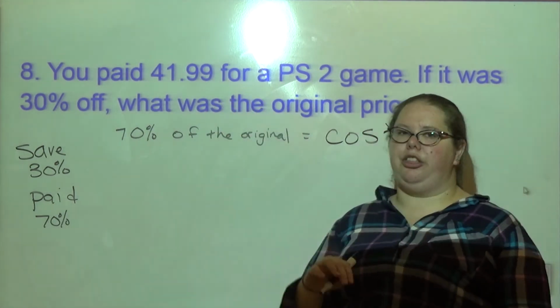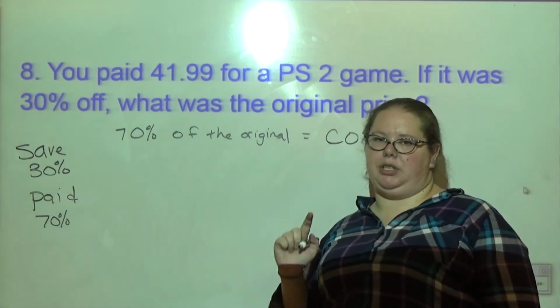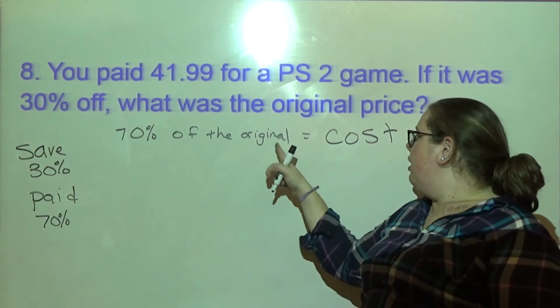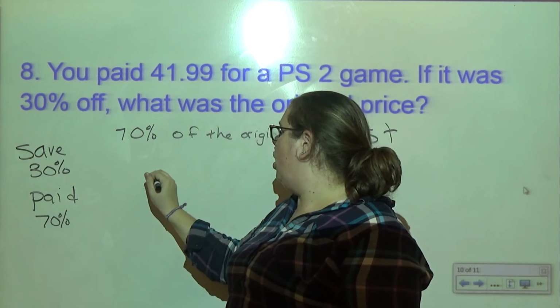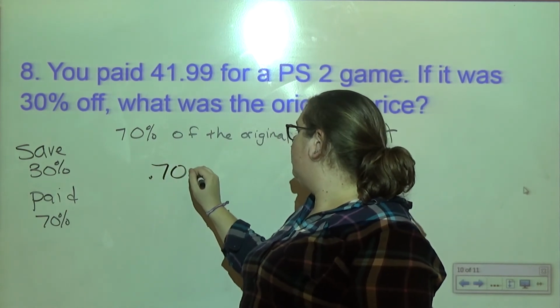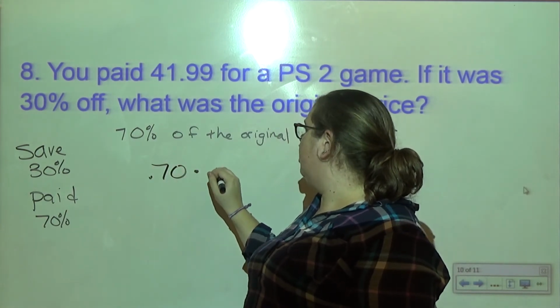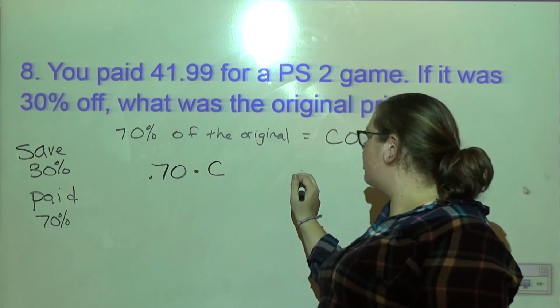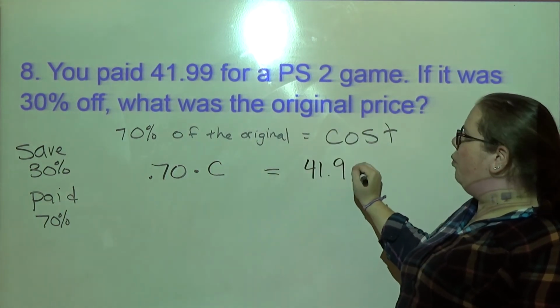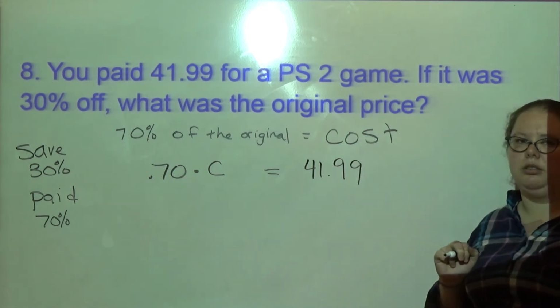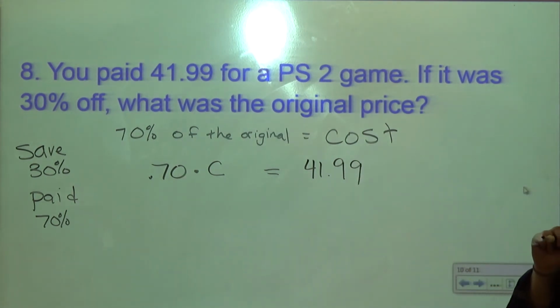Since we're saving 30, we're paying for 70% of it. And that's the cost. So now we can do our 0.70 of the original, I'll put C for cost, is the $41.99 that we paid. Okay? Does that make sense? I hope.